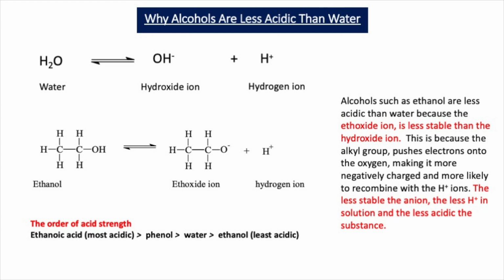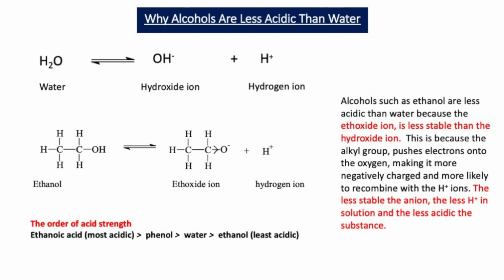An ethoxide ion is less stable than a hydroxide ion. And this is because the alkyl group in the ethoxide ion pushes electrons onto the oxygen, and that makes the ion less stable. Now, if the ion is less stable, it's more likely that the H plus ions will attack it and recombine with it, and therefore push the equilibrium to the left.